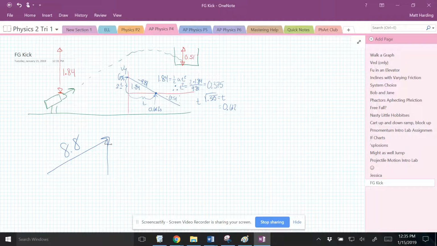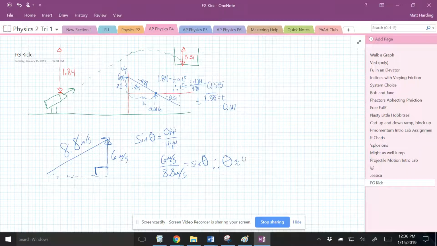So if I know that the Vy is 6 meters per second, I know two sides of this right triangle that I'm struggling to draw here.